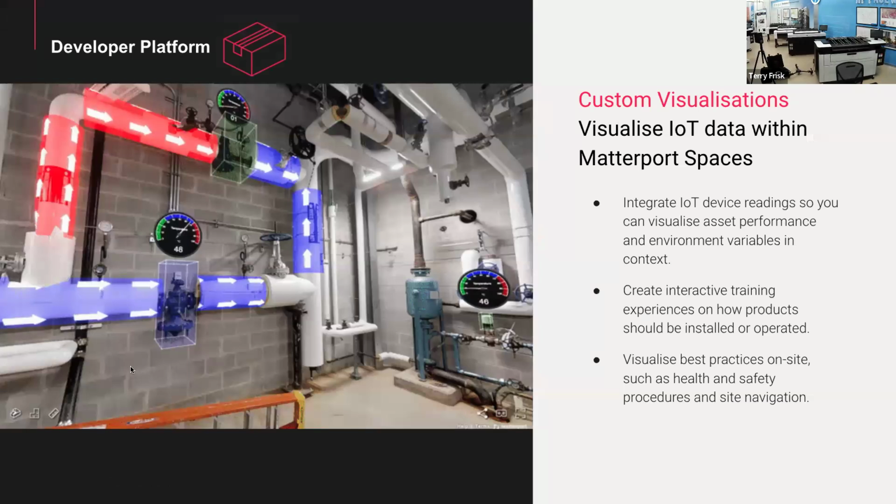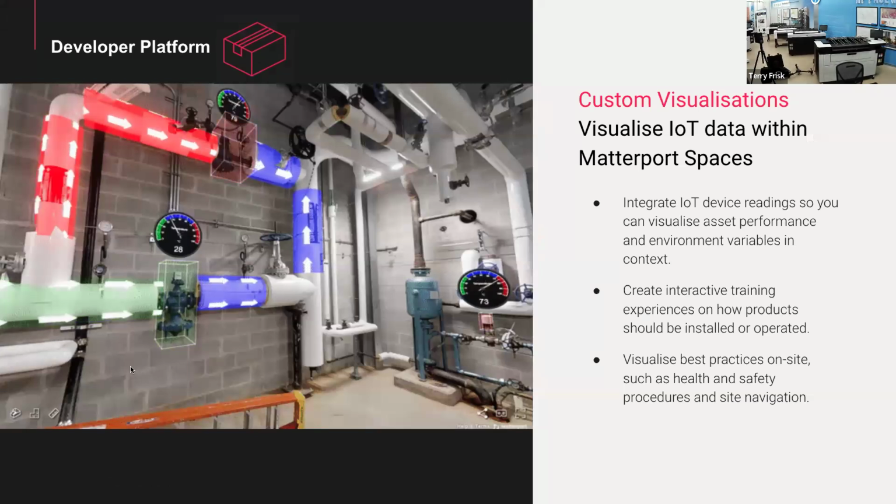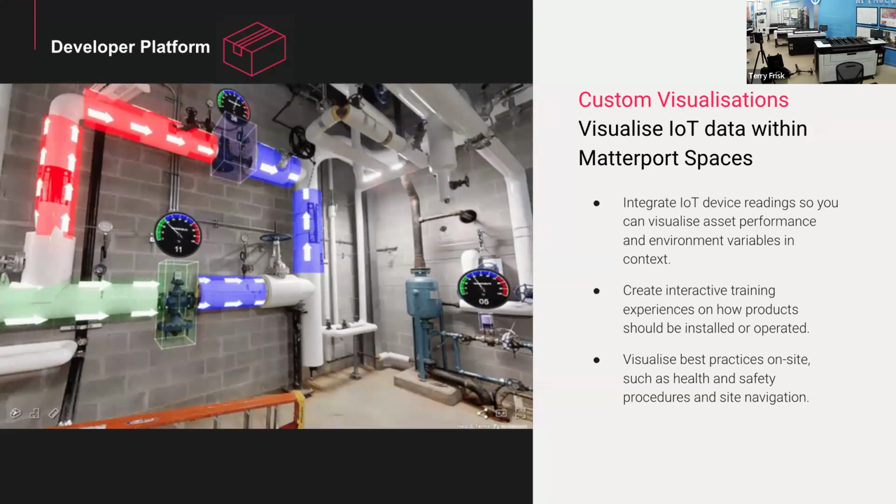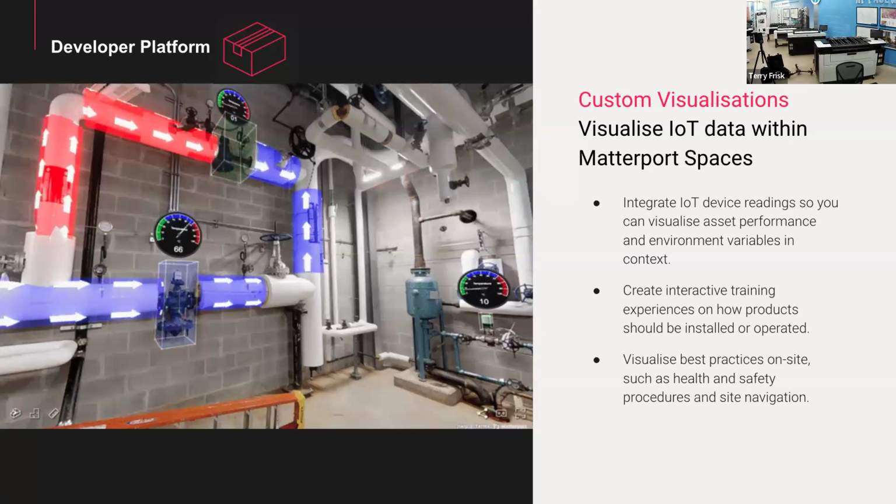So something like this, for example, we are using IoT devices to gather real live data from a space. And this is what makes a true digital twin, because not only do you have a visual and 3D data of what the space looks like, but in this case, you also have live knowledge of the digital twin. With IoT devices, what's the pressure? What's the temperature?